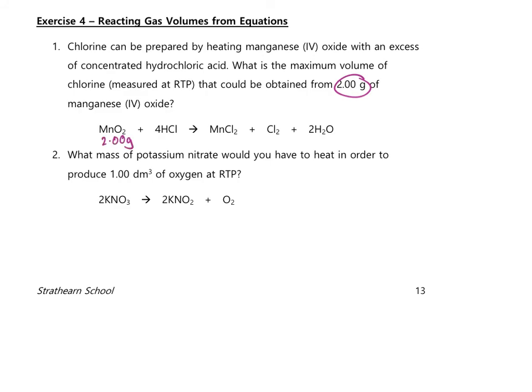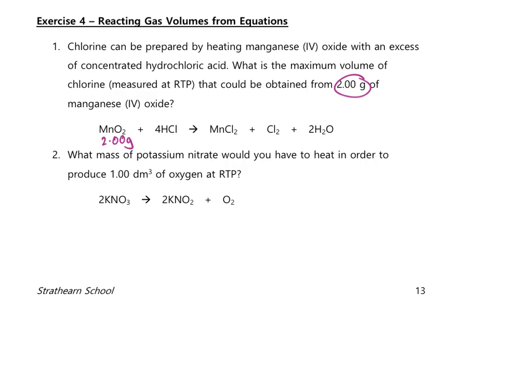So remember that you cannot, as we mentioned on page 12, you cannot transfer the grams across directly. It has to either be moles or volumes of gases. Okay, so in this case you will need to work out the number of moles of manganese oxide first using n equals mass over RFM, and then bring that over to your chlorine and use your molar gas volume equation for that.